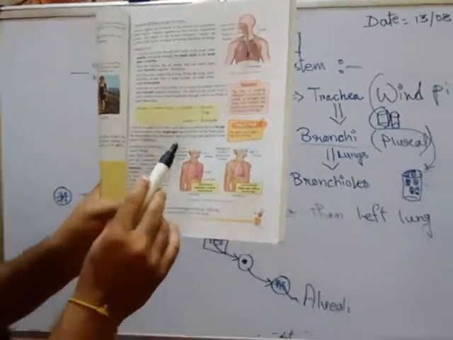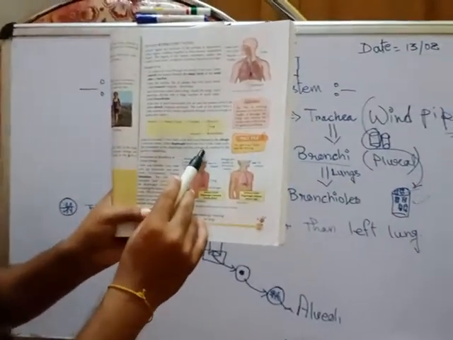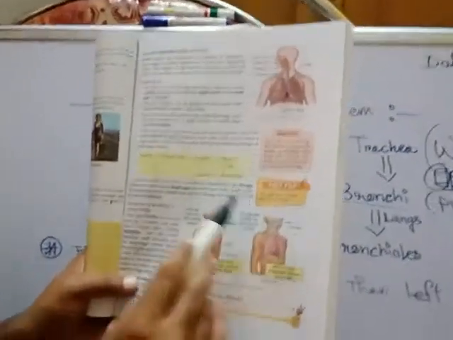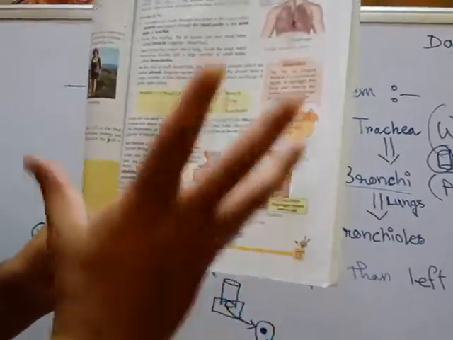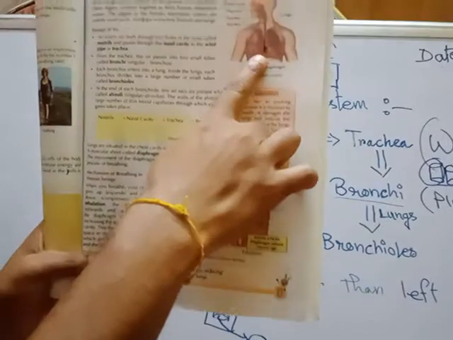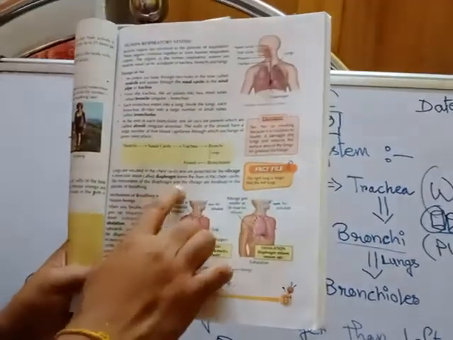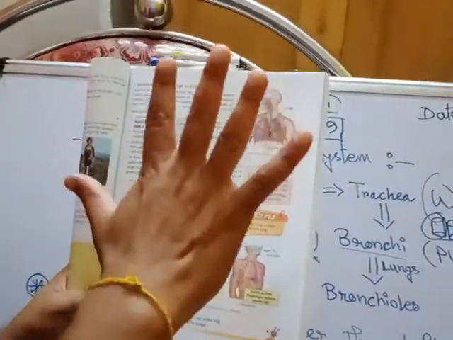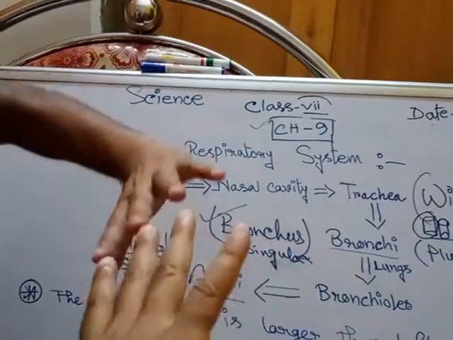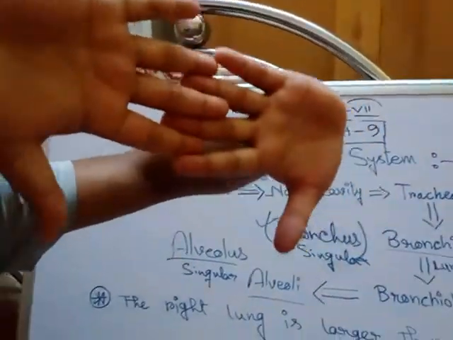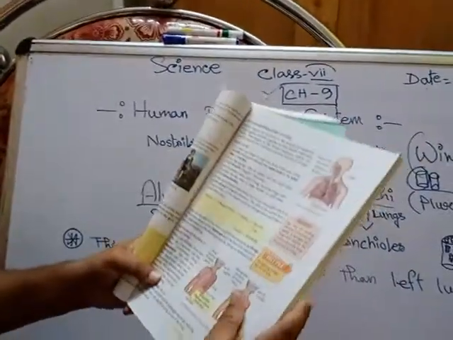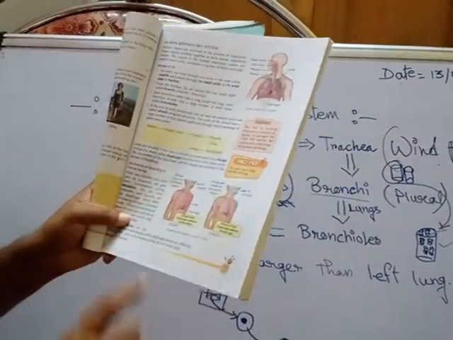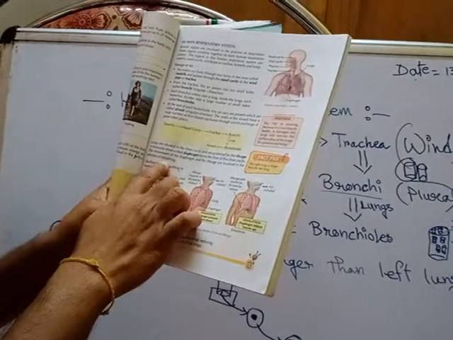The movement of the diaphragm and the rib cage are involved in the process of breathing. The rib cage is in our chest. The movement of the rib cage and the diaphragm is the breathing process.